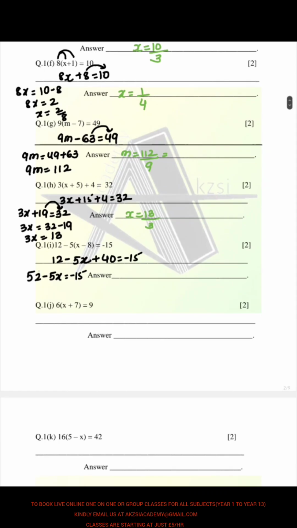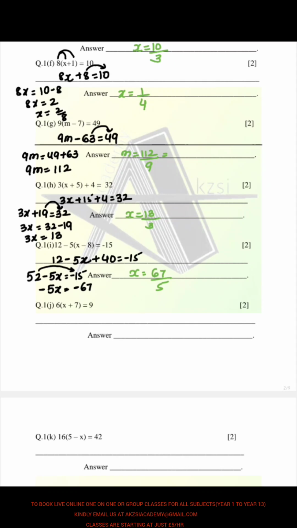Transposing 52 onto the right hand side, minus 5x equals minus 15 minus 52. This is minus 67. And dividing both sides by negative 5, the final answer will be x equals 67 over 5. This cannot be simplified, so we will leave it like this.